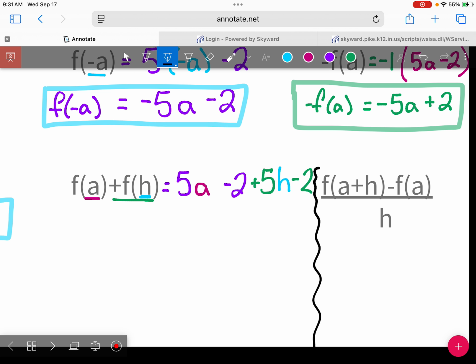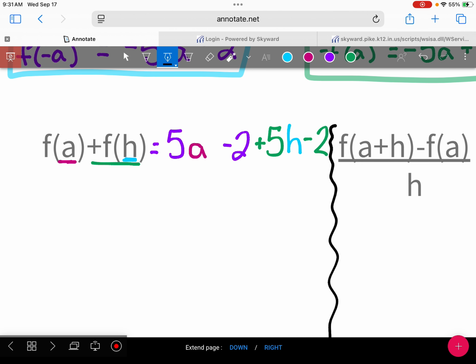Just gonna zip a little bit over here. So when we simplify this, I've got my 5a that I can't really combine with anybody. I've got my 5h that I can't really combine with anybody. But we've got this minus 2 and another minus 2. Minus 4.